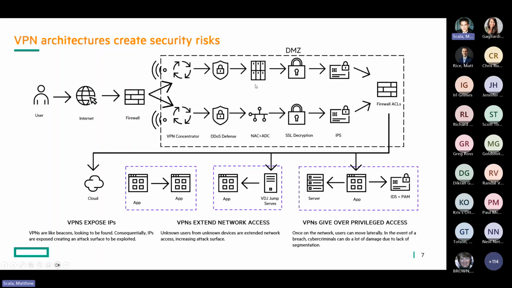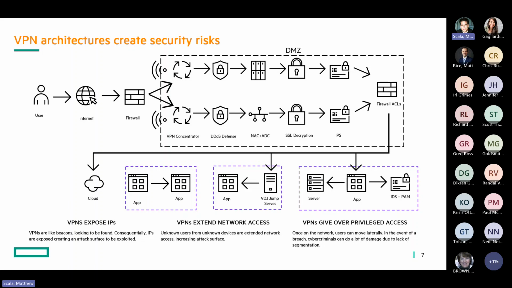The other piece of this, in addition to having so many appliances in that sprawl, is the concept of providing a user an IP address on the network. And this is when we talk about lateral movement, especially where either a device may be infected or you have a bad actor that stole someone's credentials.